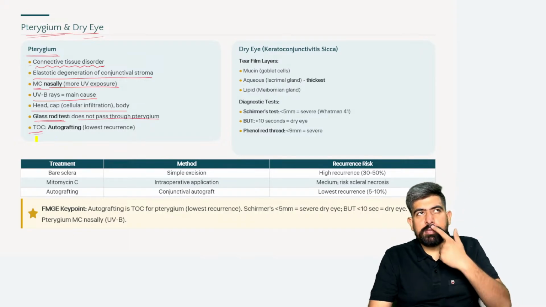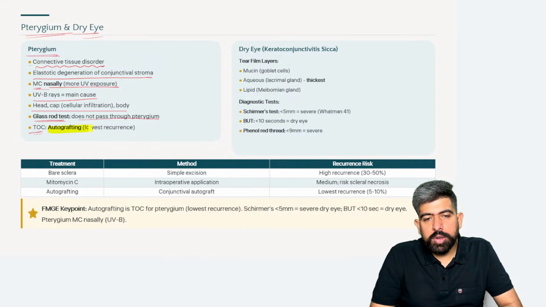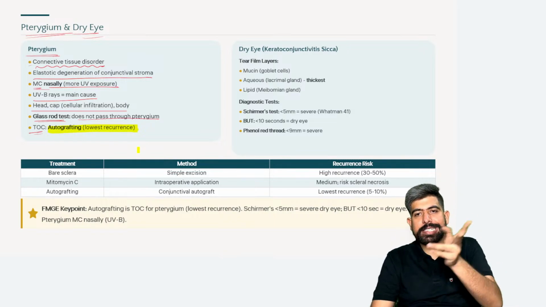As you know very well, there is no medical management for pterygium. We have to excise it and do autografting.